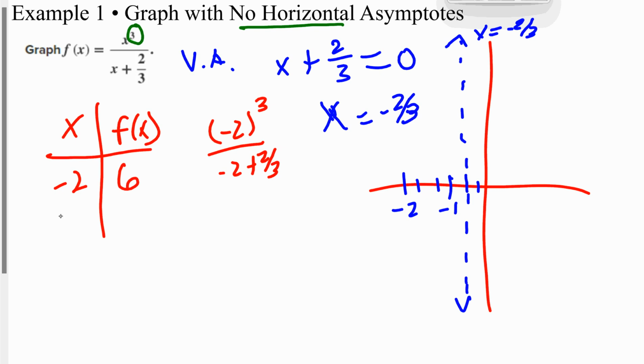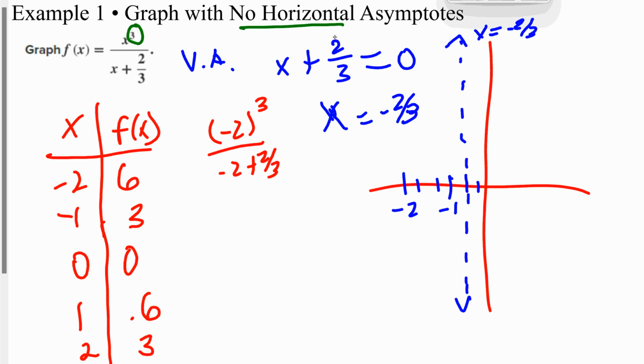Then plug in negative 1 and I get 3, plug in 0 and I get 0, plug in 1 and I get 2/3, which is about 0.6 with a calculator, and then I plug in 2 and I get 3.